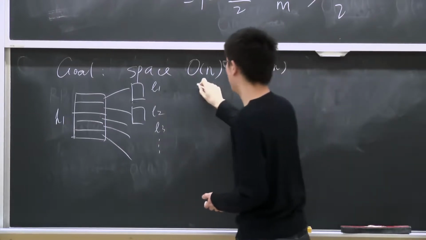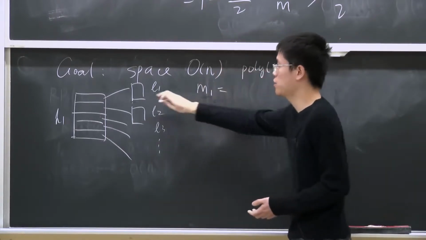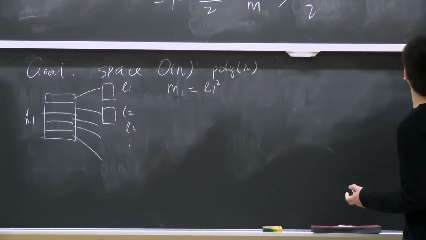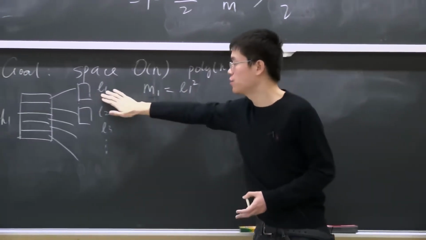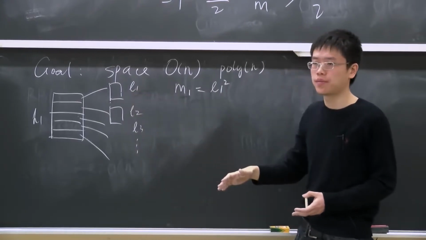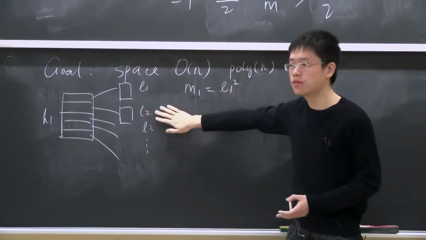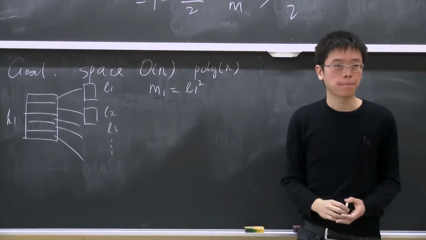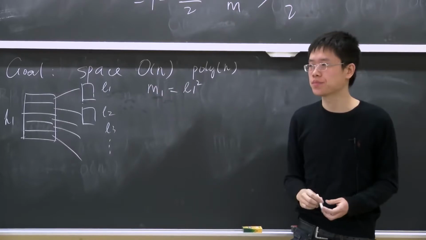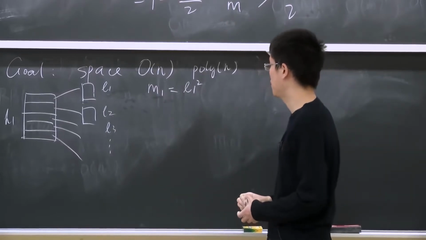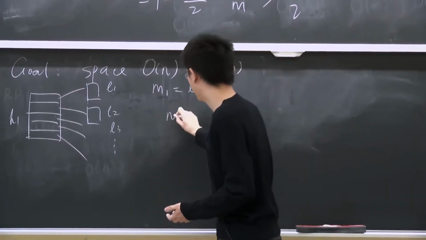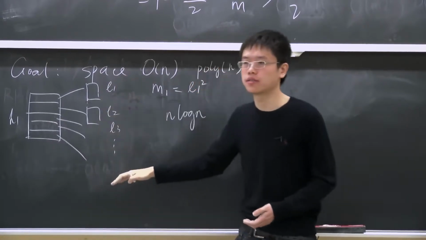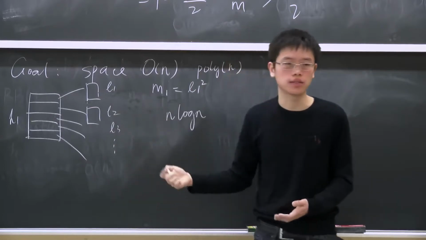If I choose M1, the hash table size of this bin, to be L1 squared, then I know after alpha log n trials, this one should be a perfect hashing. After another alpha log n trials, I should resolve all the conflicts in L2 to make it a perfect hashing. Make sense? So after n log n trials, I will resolve all the conflicts in my second-level hashing.